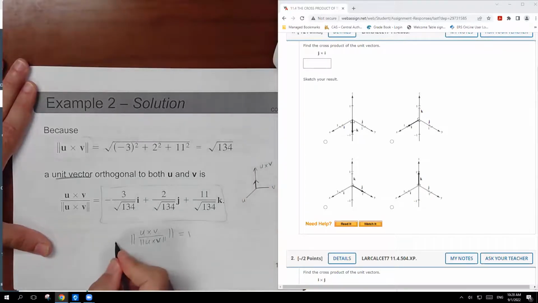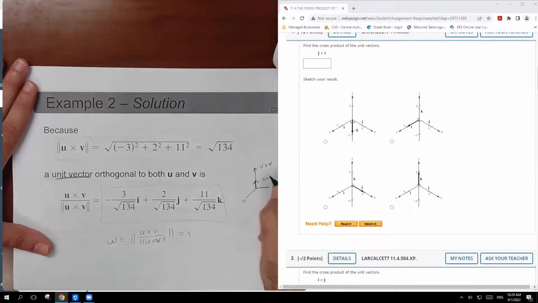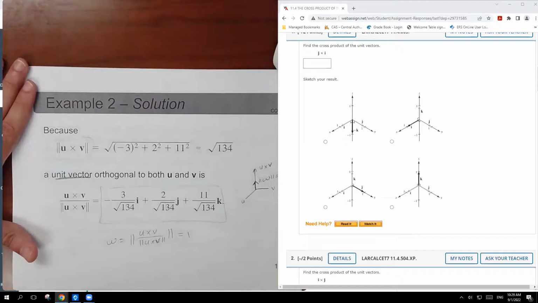Let's say this one is W. The length of the new vector equals 1, because it's a unit vector, and it is still orthogonal to the vectors U and V.